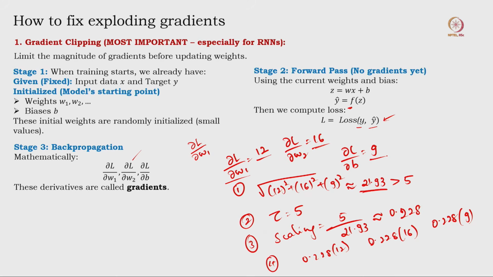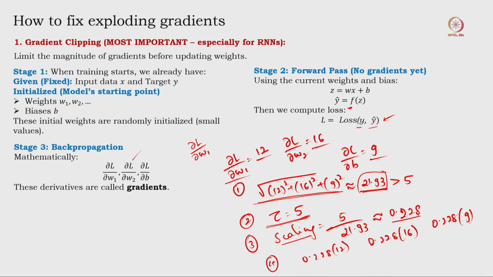First step, you computed the gradient norm, and the gradient norm value you got is this. Then you chose the clipping threshold. Let the threshold be 5. Since this gradient norm is greater than the clipping threshold, next you calculate a scaling factor.